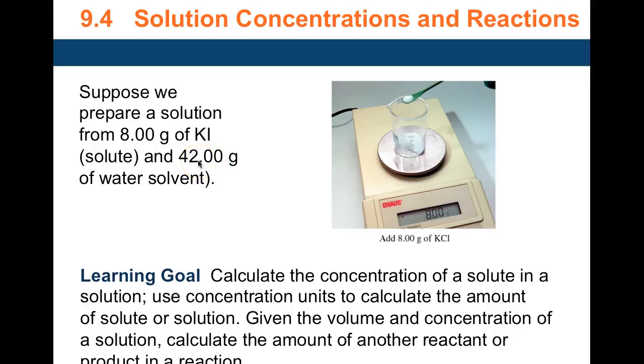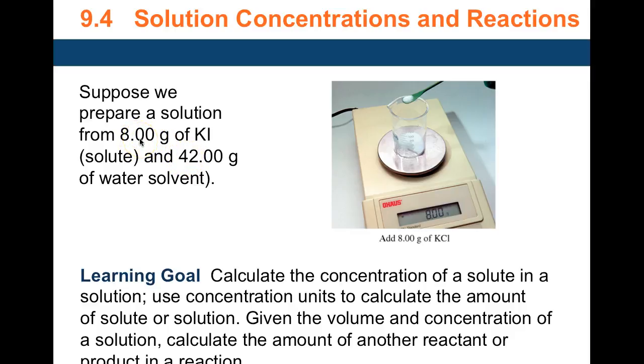So for example, here, if you take 8 grams of the potassium iodide, the solute, and add it to 42 grams of water, or roughly 42 mils of water, because the density of water is 1 gram per mil, then the total mass of the solute plus solvent would be 8 plus 42, all right?